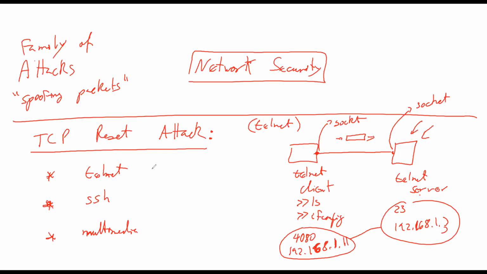You have there all the parameters that you need: IPs, ports, and the sequence number. These are the things that you need to establish a communication, to authenticate, so you can then send a reset packet. This should apply for Telnet, and this should apply for SSH.